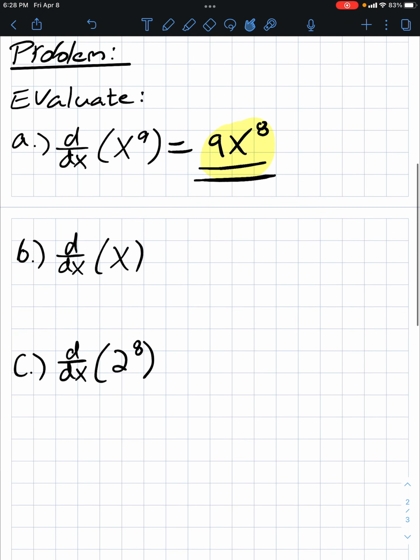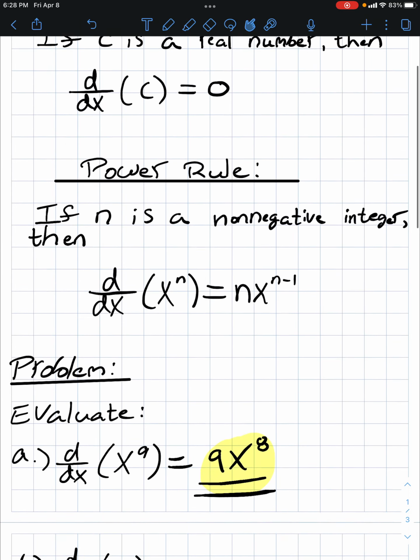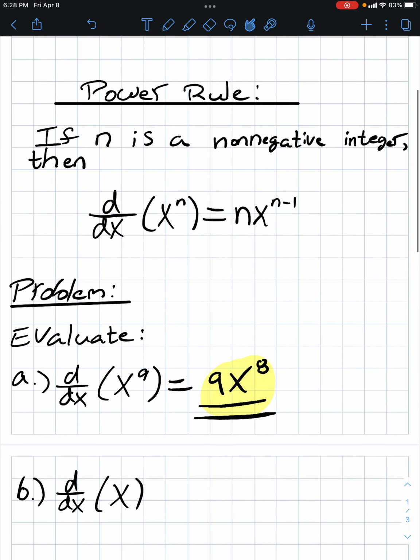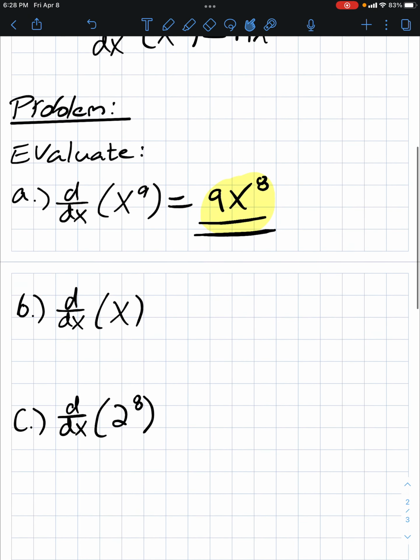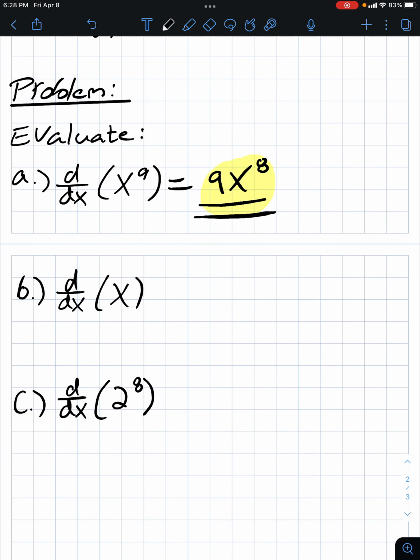Now for part B, we need to take the derivative of x. So is this a constant? No. Do we need to use the power rule here? Yes. So we don't see it, but d/dx of x by itself, there's a 1 above it. It's x raised to the 1, essentially.